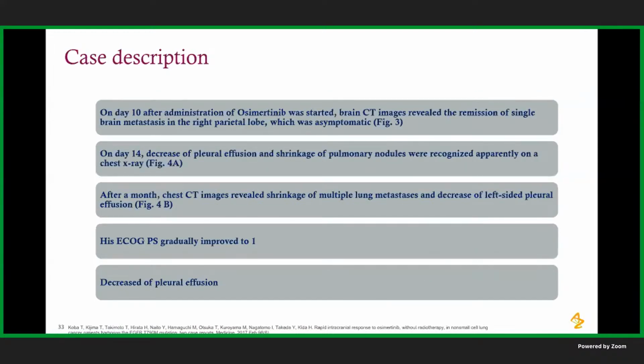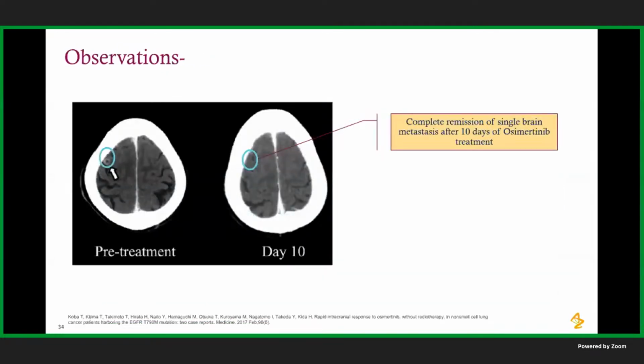So on day 10, after administration of osimertinib, brain CT scan revealed remission of the single brain met in the right parietal lobe, which was asymptomatic. And on day 14, there was benefit in systemic symptoms as well, in terms of decrease in pleural effusion and pleural nodules. So both these cases, again, baseline and day 10.